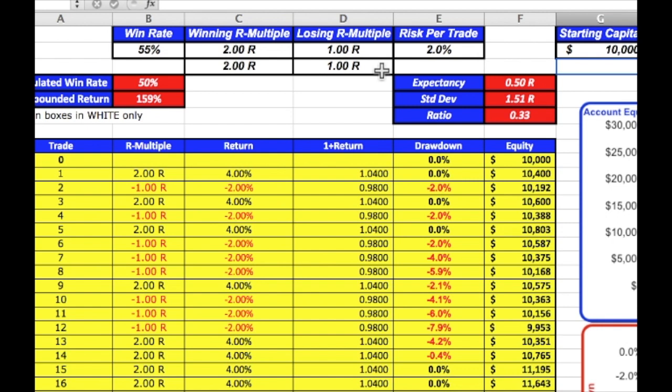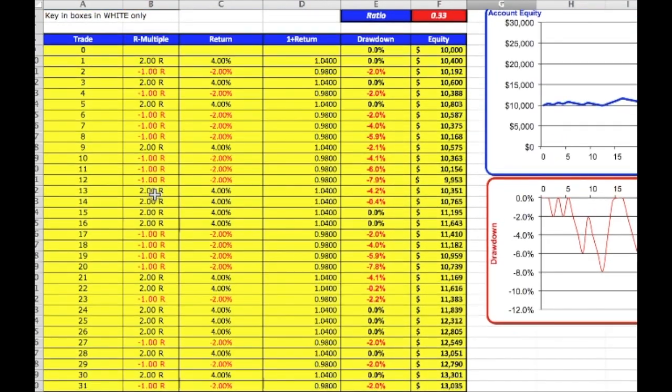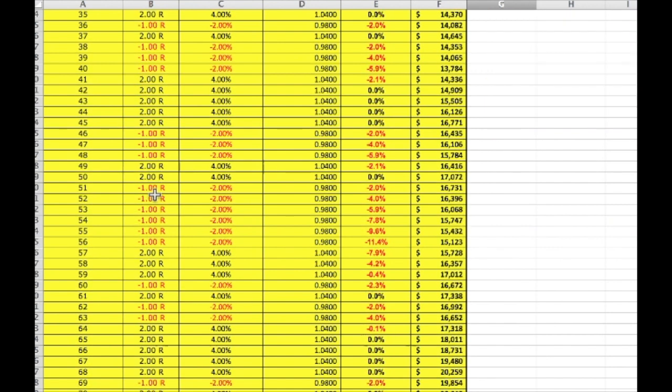In other words, every time you have a losing trade, you lose 2%, as you can see over here. And when you have a winning trade, you win double of that, so you win 4%. This is a simulation over 100 trades.